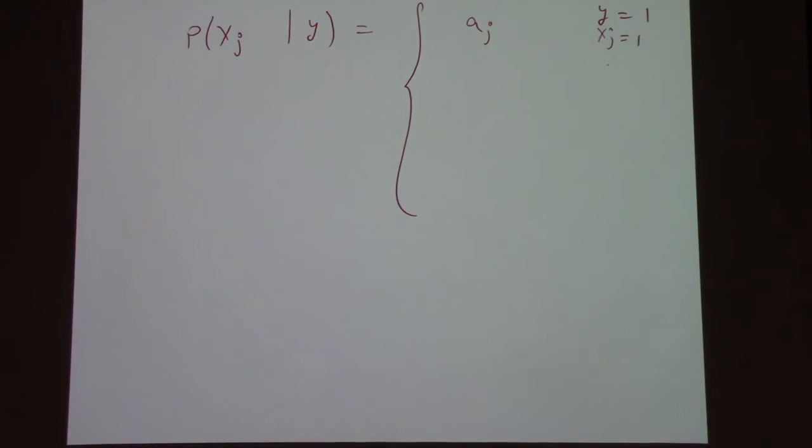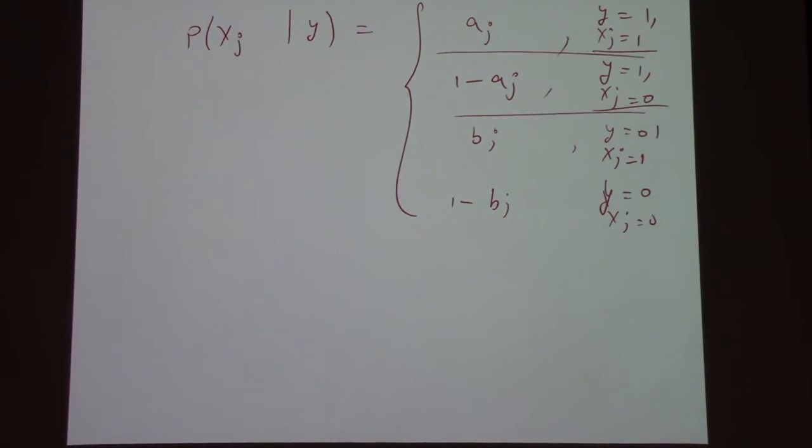But when y equals 1 and xj equals 0, meaning the jth coin says false, this is 1 minus aj. When y equals 0, we move to an entirely different set of coins. When y equals 0 and xj equals 1, this is bj, and then you have 1 minus bj. So you have these 4 cases.